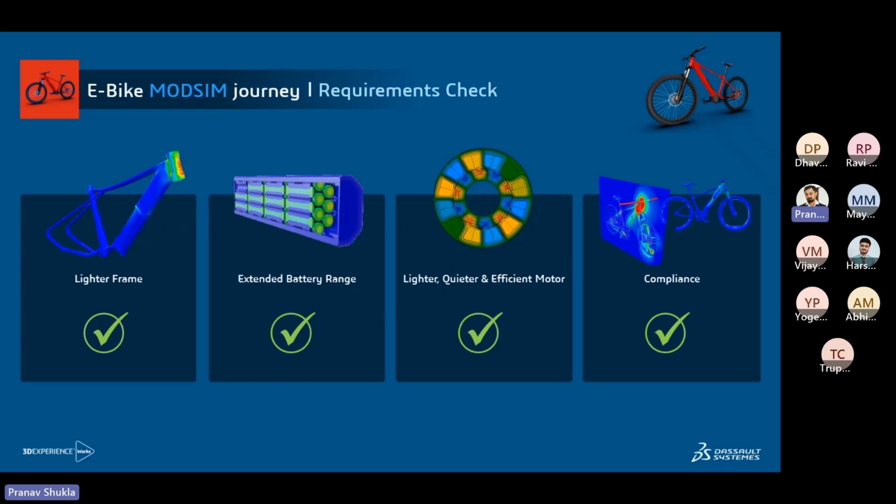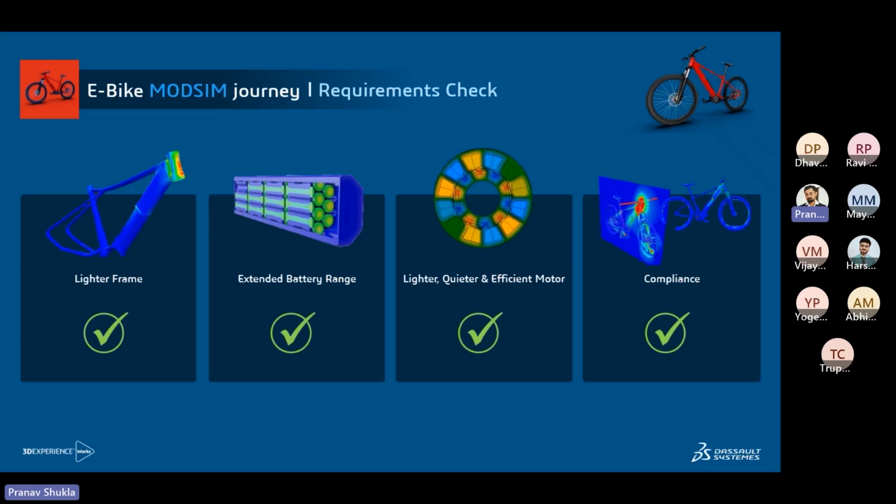What we have checked till now: the lighter frame, extended battery range, lighter, quieter, and efficient motor, and the compliance in terms of the crash and in terms of the electric motor. So our product has undergone rigorous assessment in the key areas.